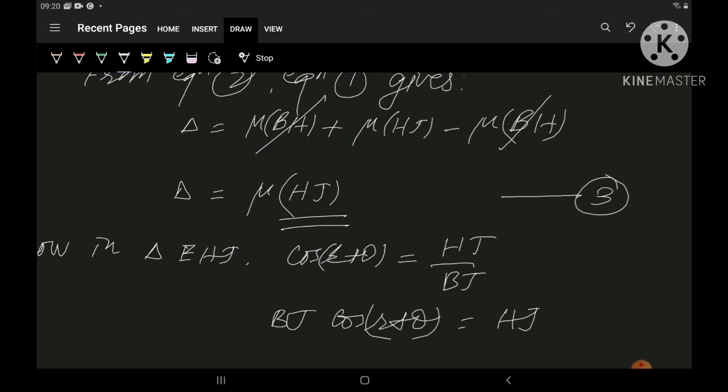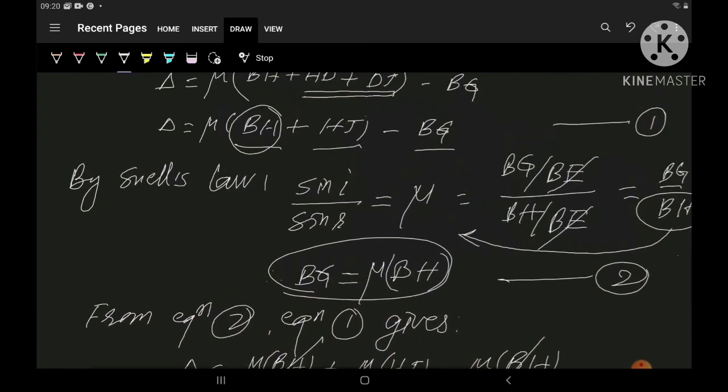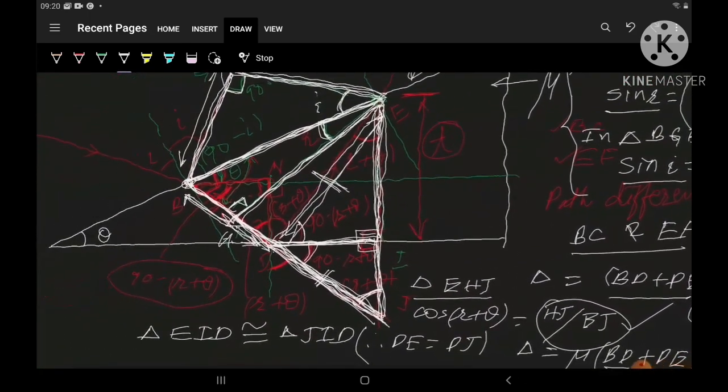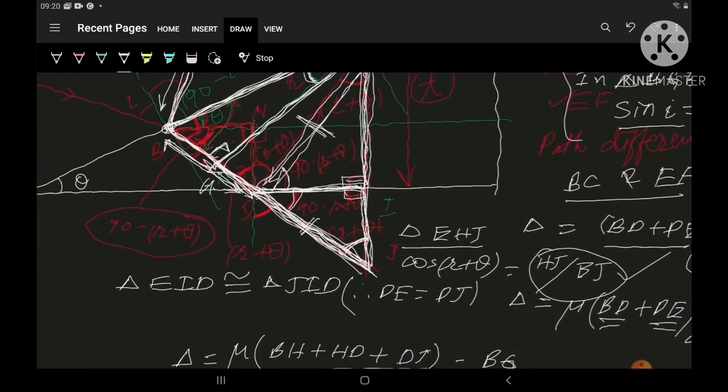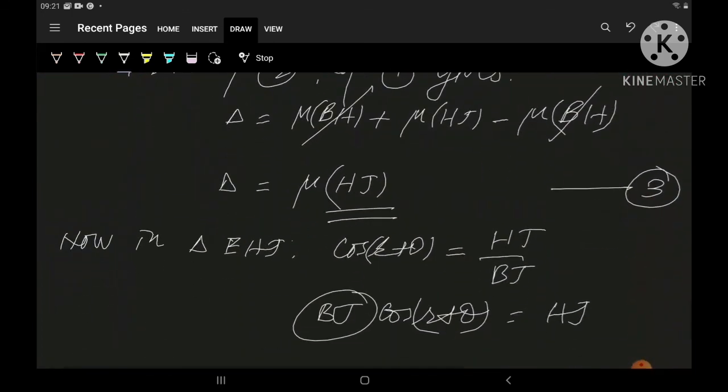Now EJ, look here dear all, EJ is the distance in the figure.